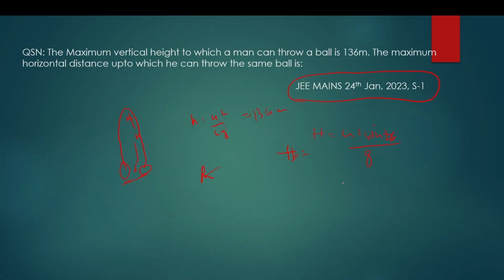The maximum range is at 45, so sin 2 theta is sin 90, equal to 1. So u square upon g is the maximum horizontal distance. So we will just do 136 into 2, that is 272 meter. Okay, so 272 meter is the answer.